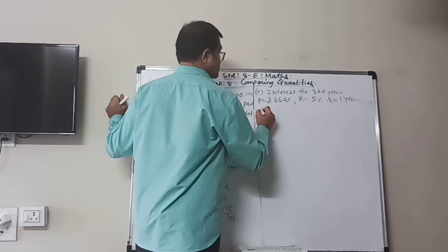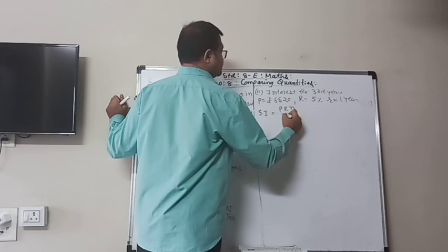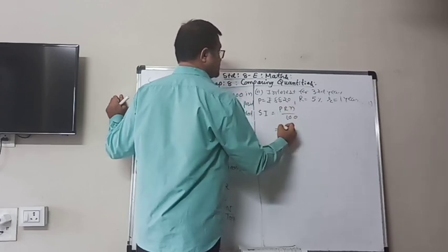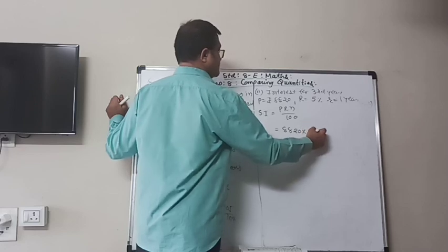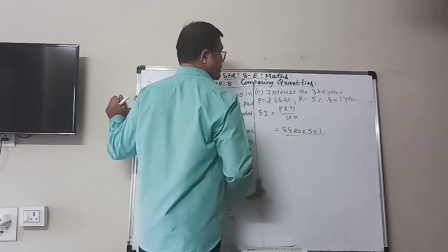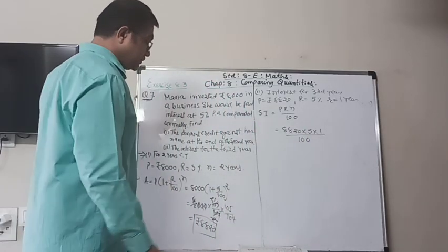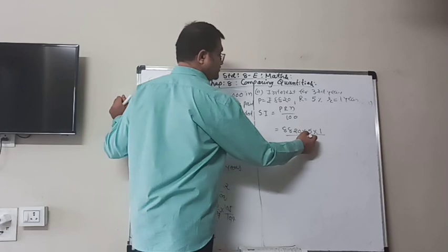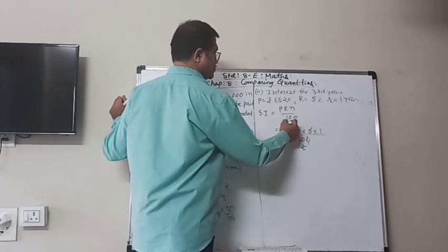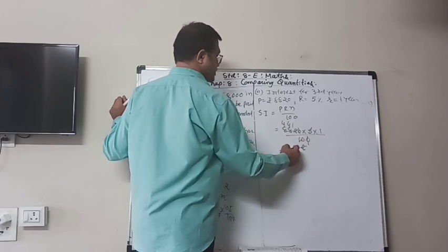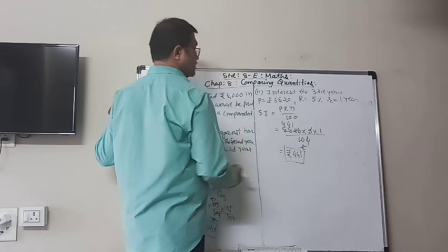So we have to find simple interest, PRN upon 100. So it is 8,820 multiplied by 5 multiplied by 1 divided by 100. So 0 0 is cancelled, 5 2s are 10, 2 4s are 8, 2 1s are 2, is equal to rupees 441.